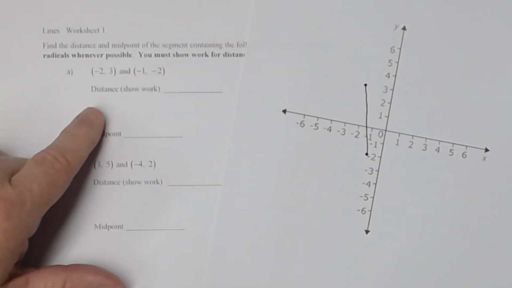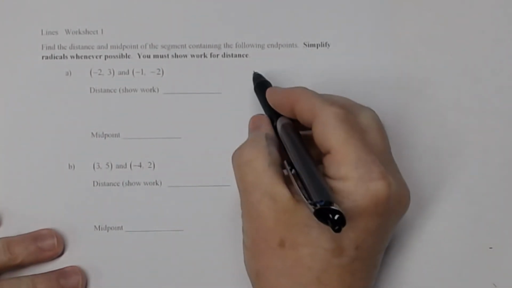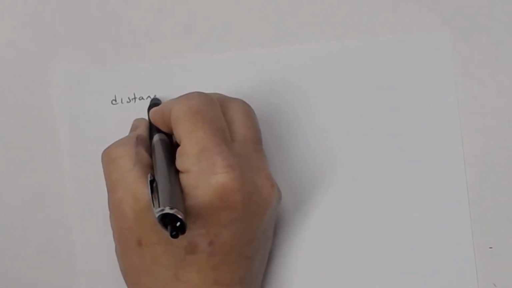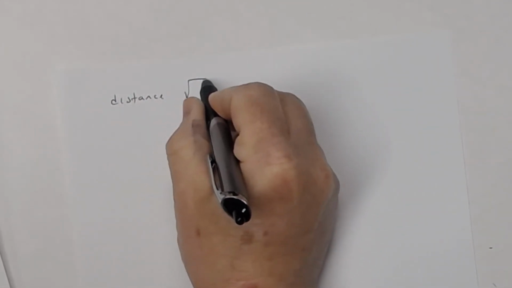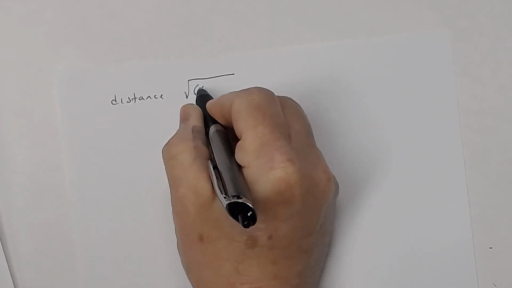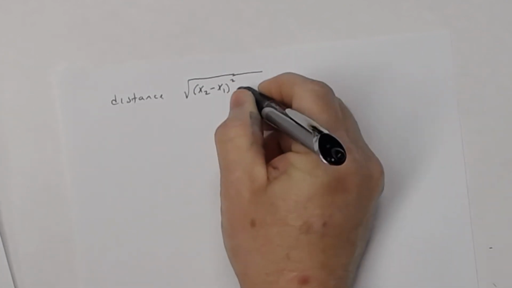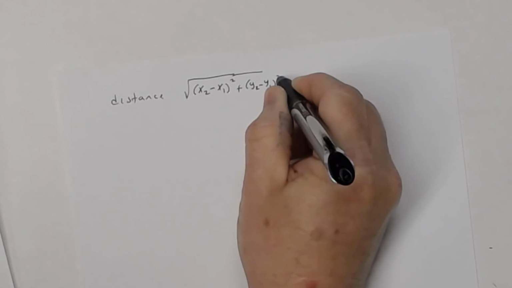Now, there are formulas to help you do this. And so the distance formula, just to remind you, let me go ahead and write it on here. The distance between 2 points is going to be the square root of x2 minus x1 squared, plus y2 minus y1 squared.